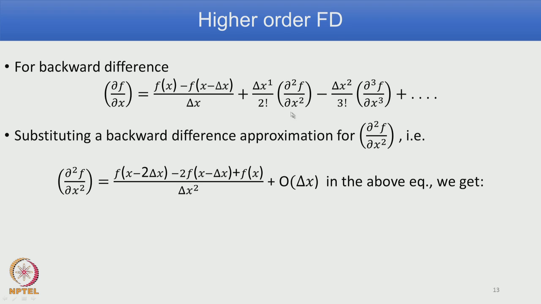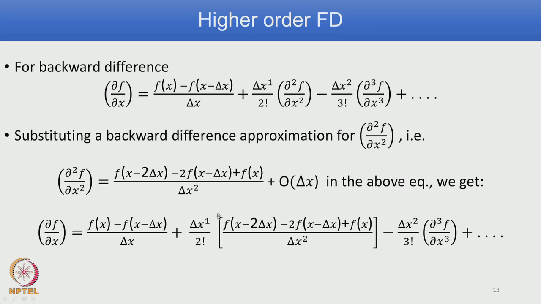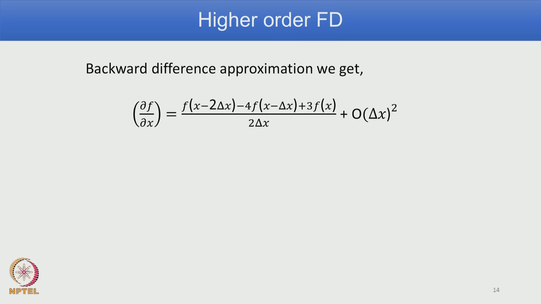Now, we replace the second derivative term by this backward differentiating formula, and again properly reorganize the corresponding terms, and we end up getting the backward differentiating higher order finite difference scheme for the first derivative dou f by dou x, and finally we get a formula like this.